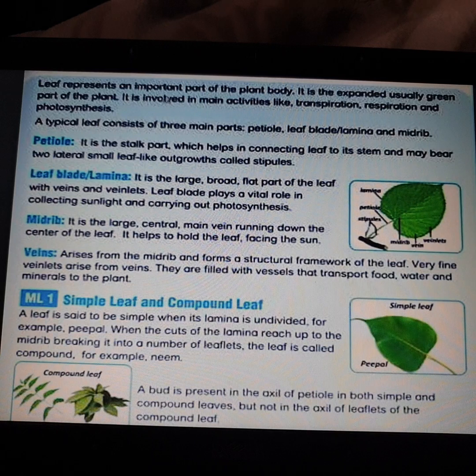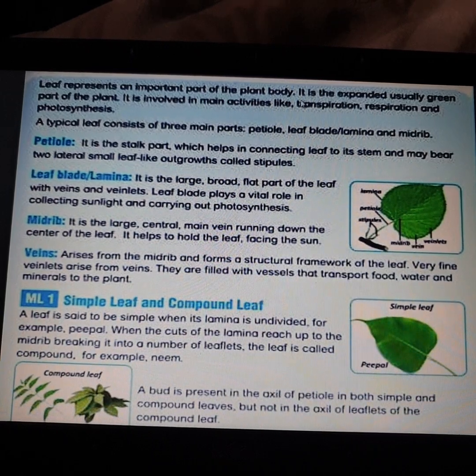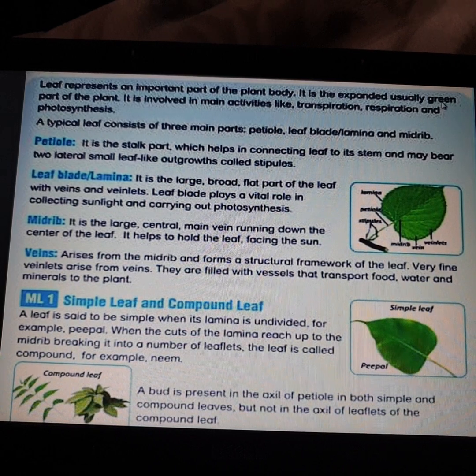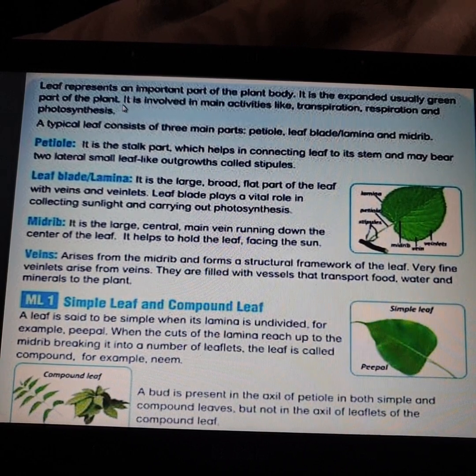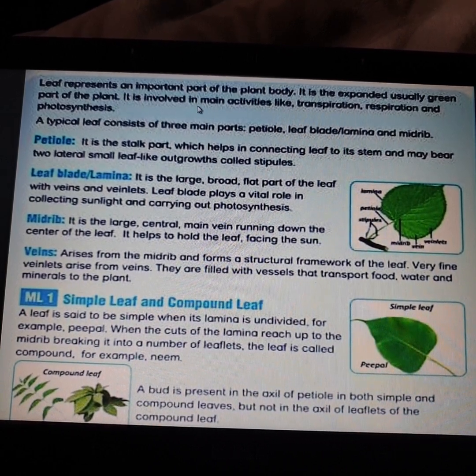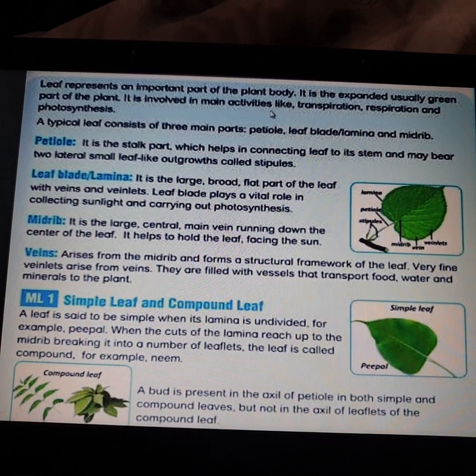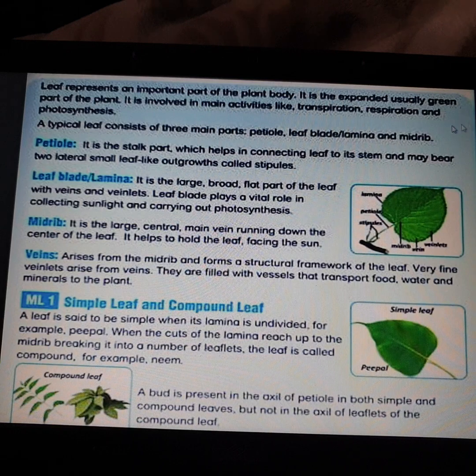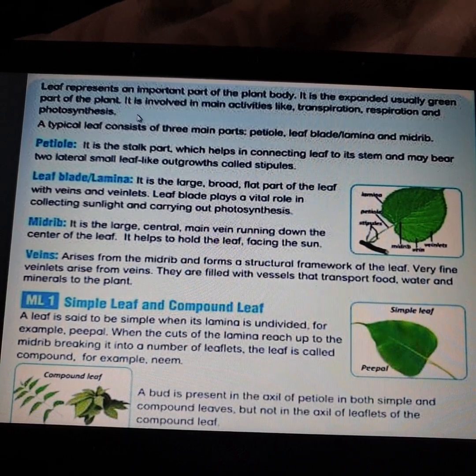Leaf represents an important part of the plant body. It is the expanded, usually green part of the plant. It is involved in main activities like transportation, respiration, and photosynthesis.